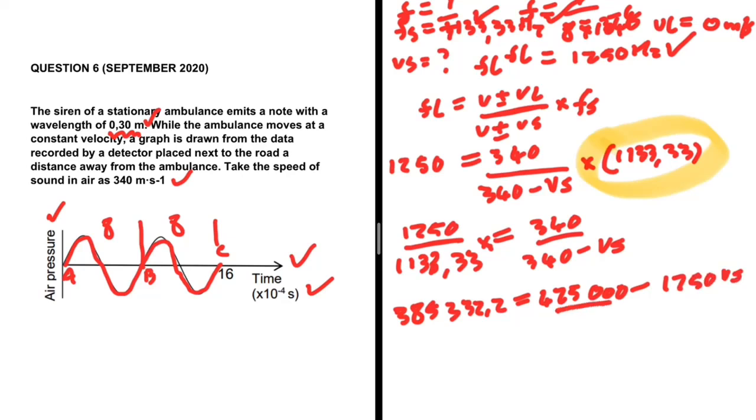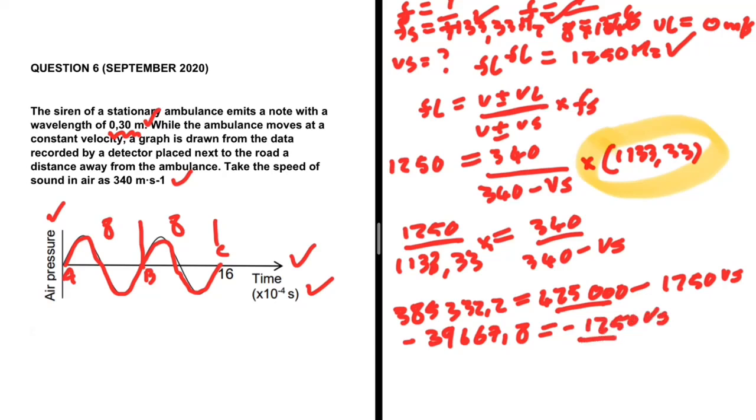So 385,000 332.2 minus 425,000. That is minus 39,667.8 being equal to minus 1250 VS.